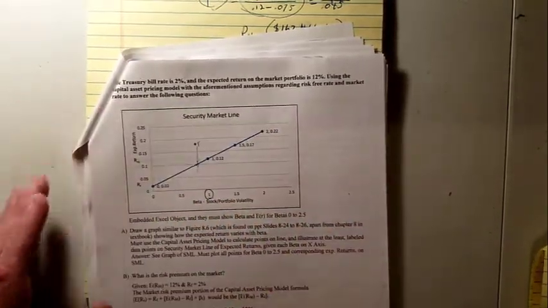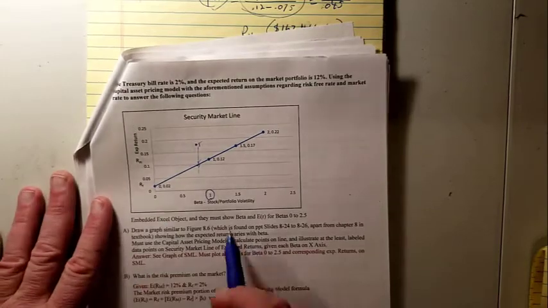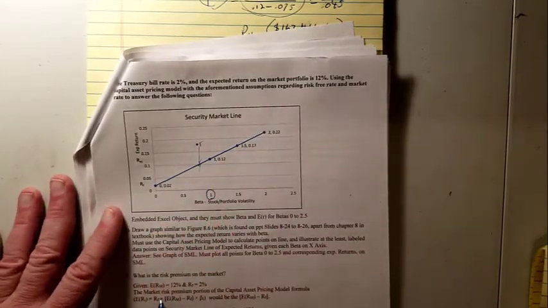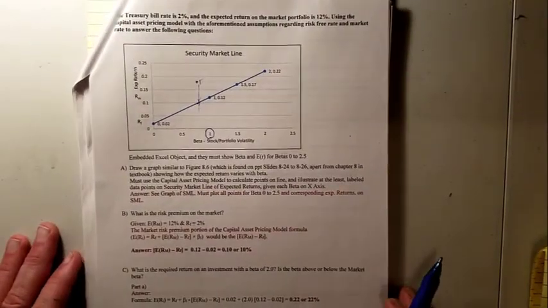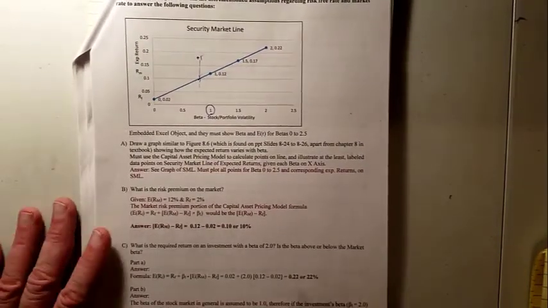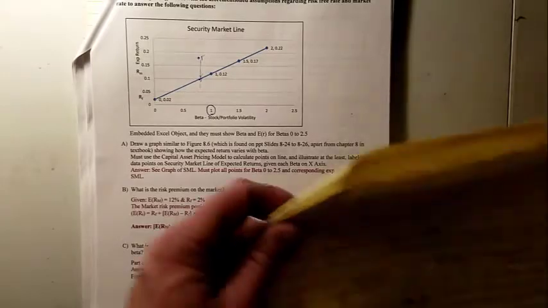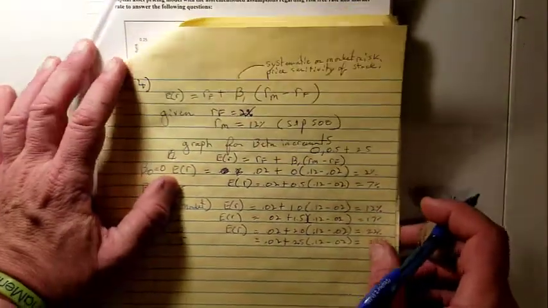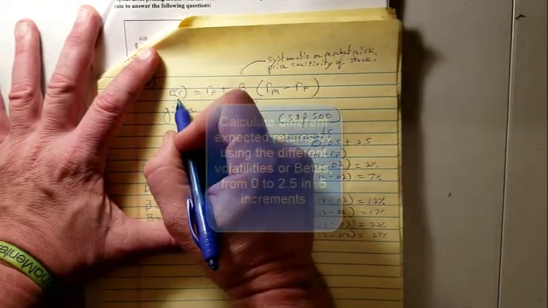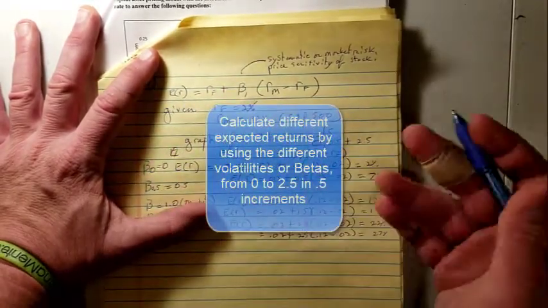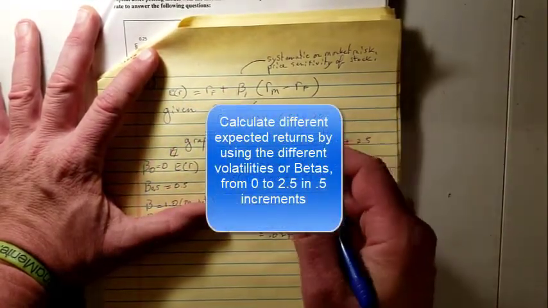So basically what I ask is to draw a figure, plot the points, then it asks what is the risk premium on the market, which is just RM minus RF, using the CAPM model. As we do this, we've got the expected rate of return, which is what the CAPM also allows you to do.